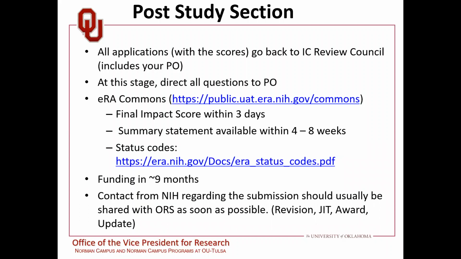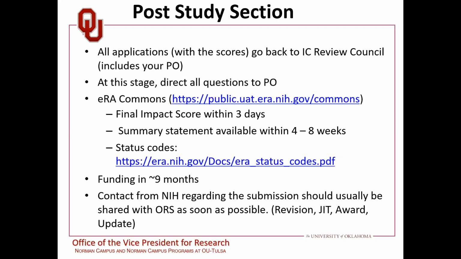The council includes your program officer who sits on it and helps represent your interest as the panel is meeting. If you know that your proposal has gone out of the review panel and into the review council, you can talk to your program officer and ask them questions about how the review went or just pretty much anything that you want to. They'll decide if they want to answer it or not.